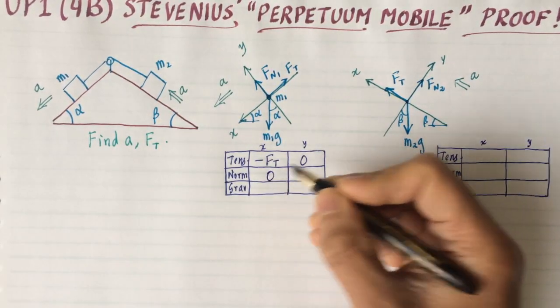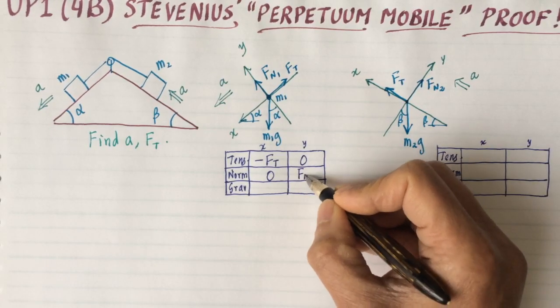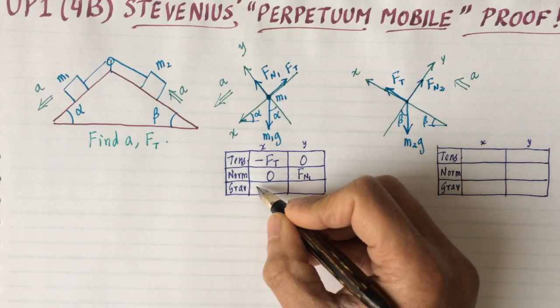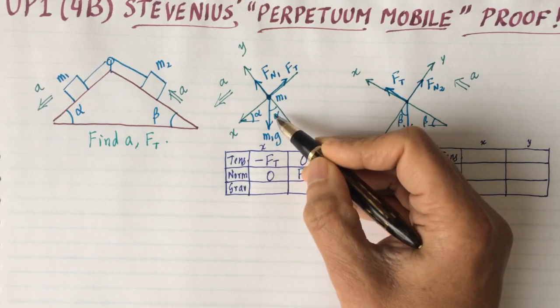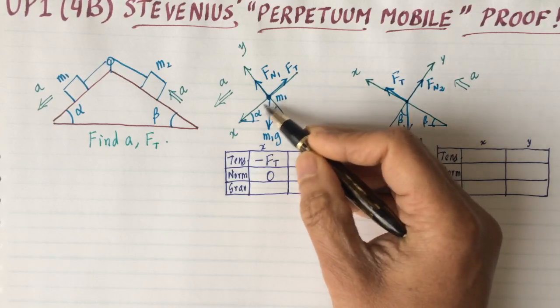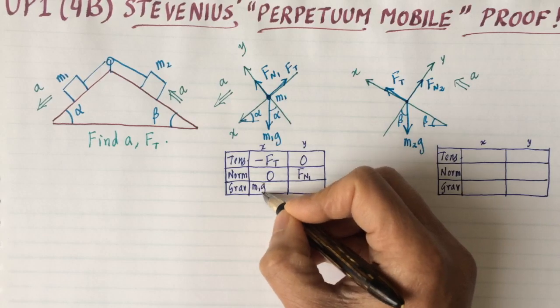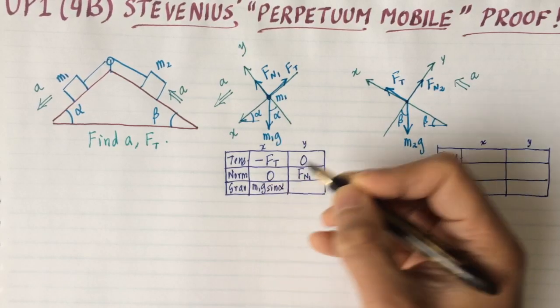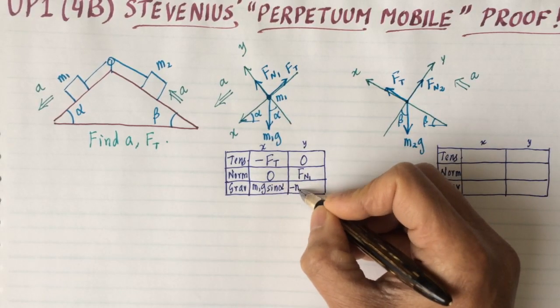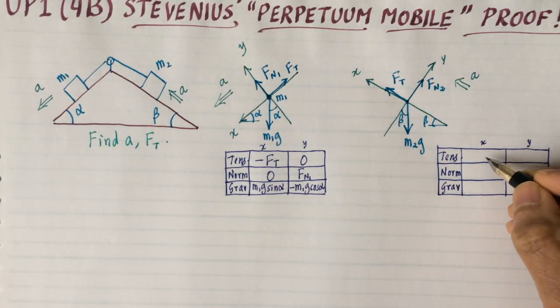The normal force is 0 in the x direction and F sub n1 in the y direction. Gravity: adjacent is cosine, opposite is sine, so that's going to be positive m1g sine alpha, negative m1g cosine alpha. Let's do the same thing over here.